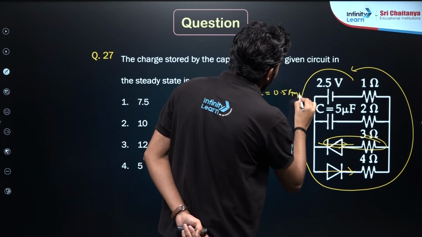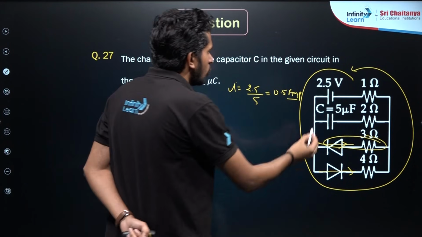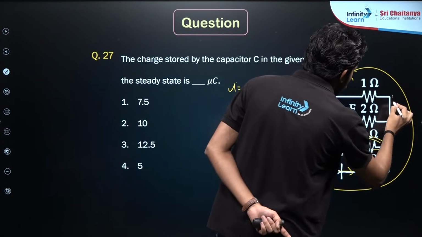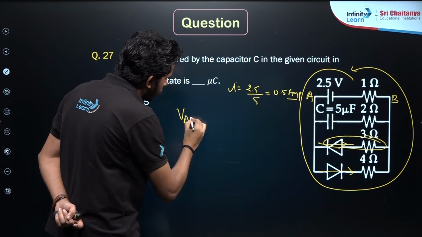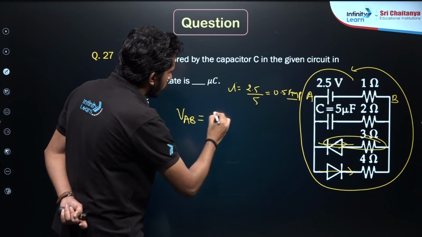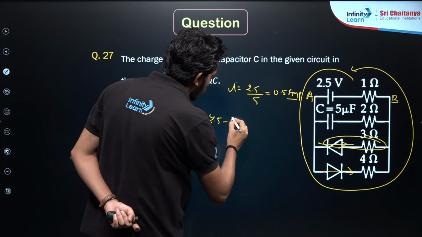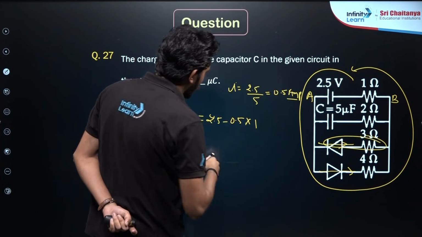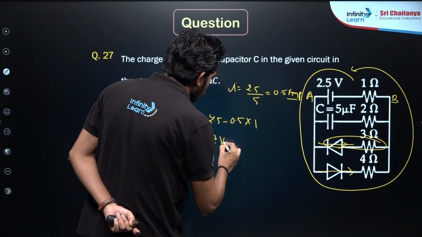If this point is A and this is B, then VAB would be 2.5 minus IR. The current is 0.5 and R is 1 ohm, so basically VAB is 2 volts.